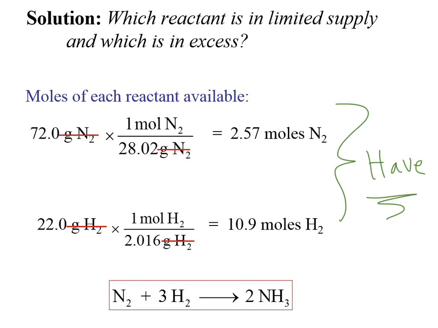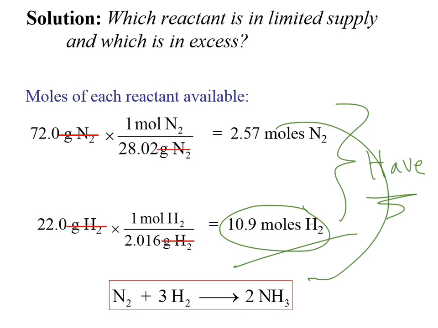One of the next things you'll see on the next slide is that I'm going to take moles of H2 divided by moles of N2. You might ask which route I need to go: moles of H2 over moles of N2, or moles of N2 over moles of H2? I usually like the numbers greater than 1.